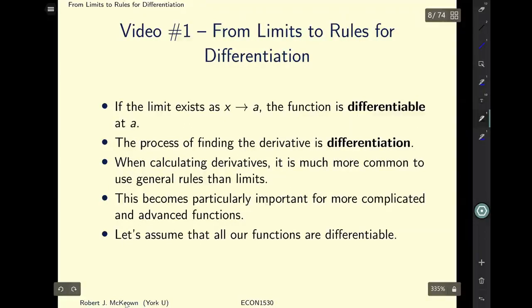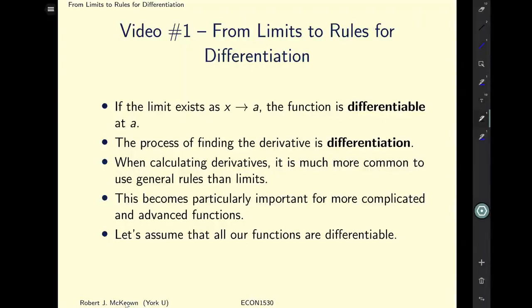Now, going forward, every time I introduce a rule to you, I don't want to have to tell you that I'm assuming the function is differentiable on some interval between a and b. We're going to assume that all of our functions are differentiable. I don't want to give you the definition of differentiability.